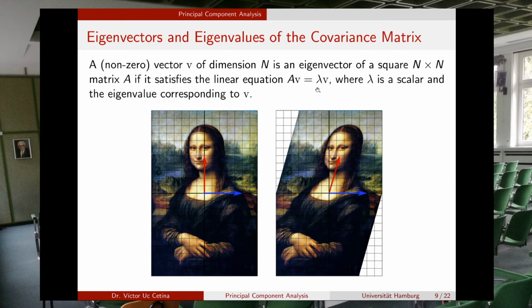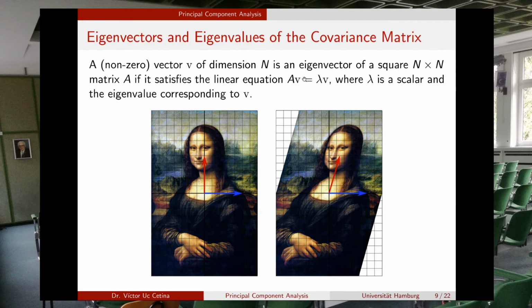So here we have three elements. v is a vector, lambda is a scalar, and A is a square matrix. A is of size n by n, and v is of size n.